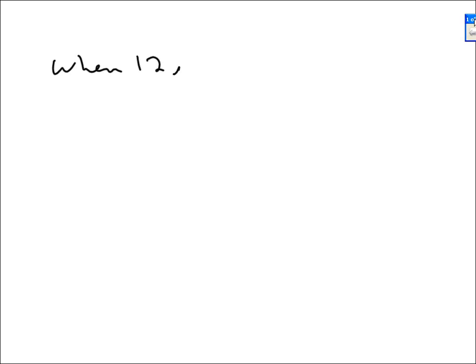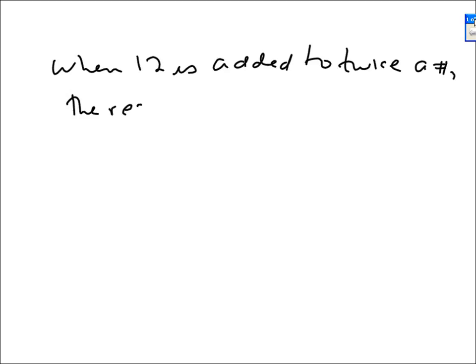When 12 is added to twice a number, the result is 22. Find the number.